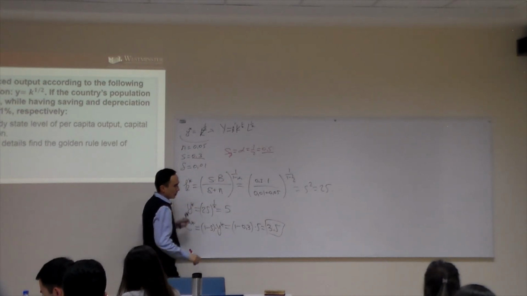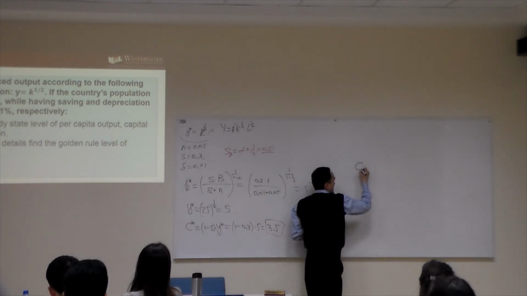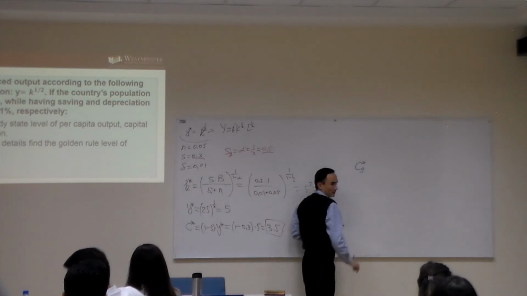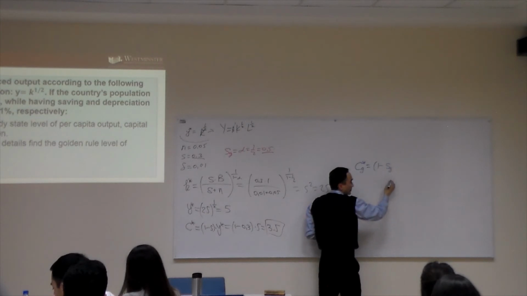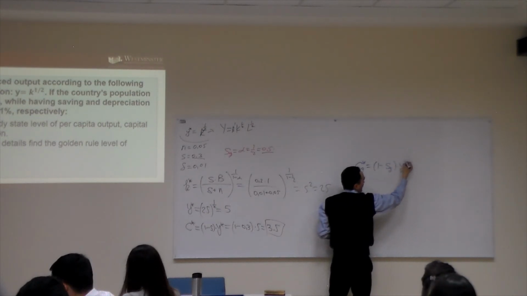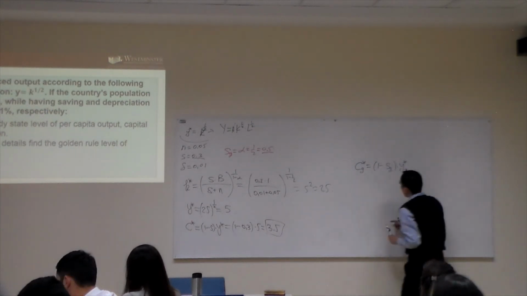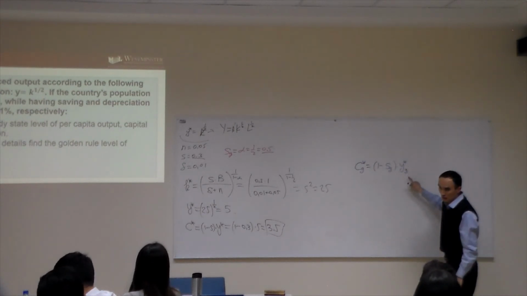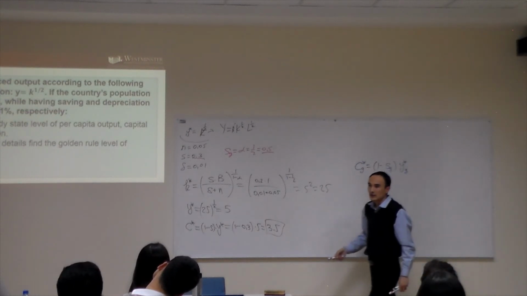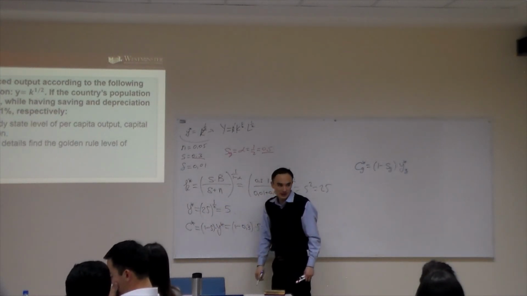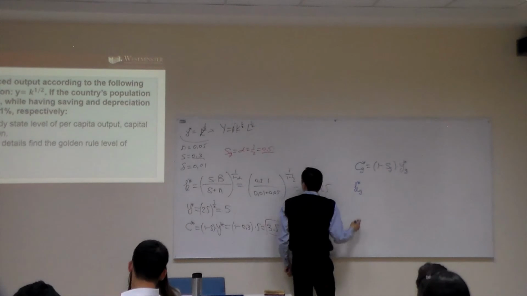So in order to find consumption in golden level, it is equal to 1 minus saving rate in golden level times output in steady state level in golden level. In order to find it, first we have to find what our y in golden level is equal to. In order to find our y, we should find what our capital in golden level is equal to. So now we have to find our capital in steady state level in golden level.